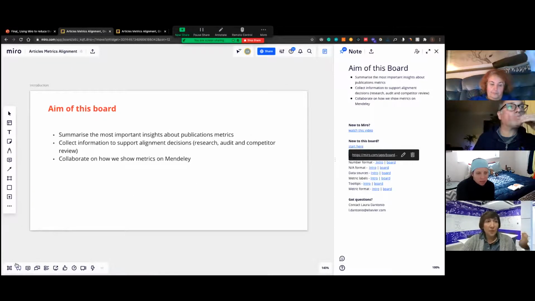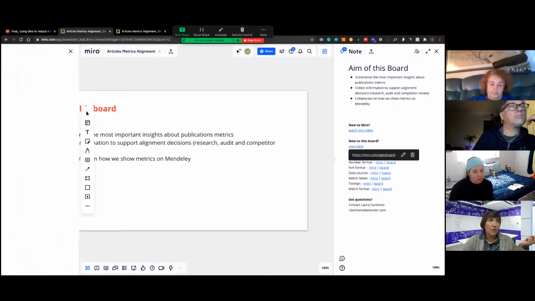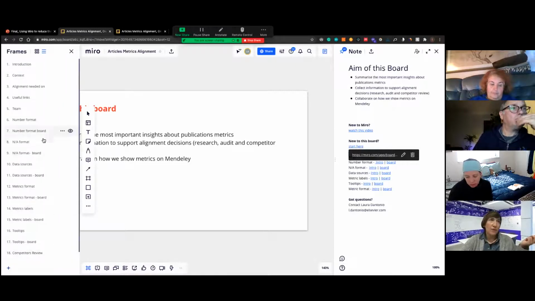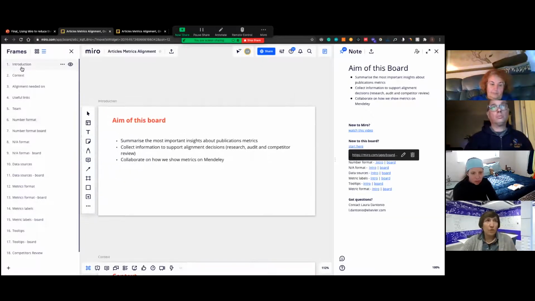Another interesting feature of Miro is that you have frames on this side, so you can structure the board in frames, almost like a presentation. And you can go through the frames in this way.